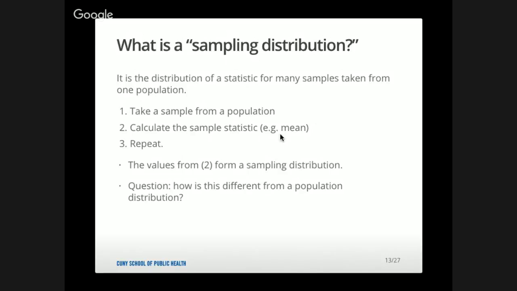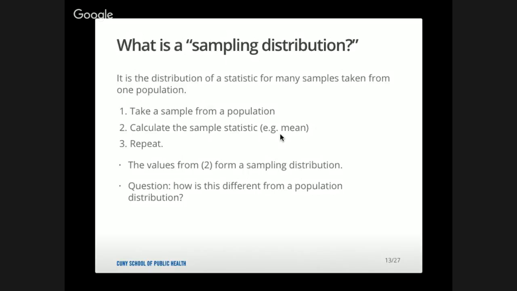But these simulations are very useful, I think, for understanding sampling and sampling distributions, because when you do your data analysis for a study and you do your t-tests or whatever tests, it can be easy to lose sight of the fact that you just have one single sample.